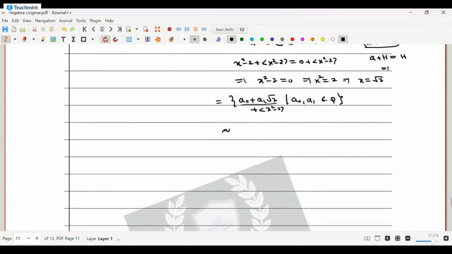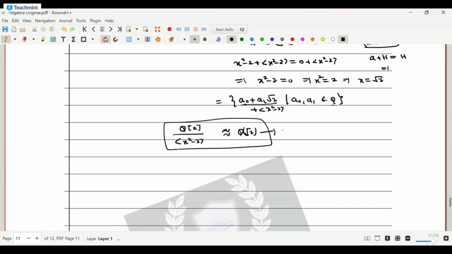So which is isomorphic to a0 plus a1 root 2, where a0, a1 belong to Q, which is isomorphic to Q root 2. Right?